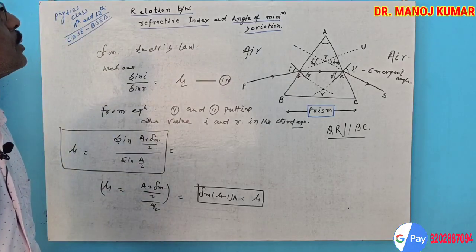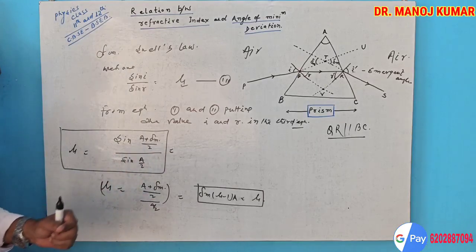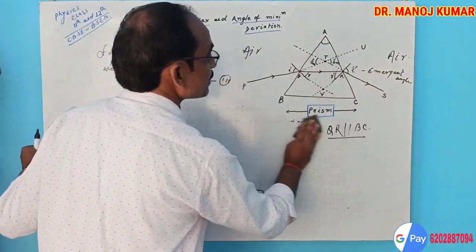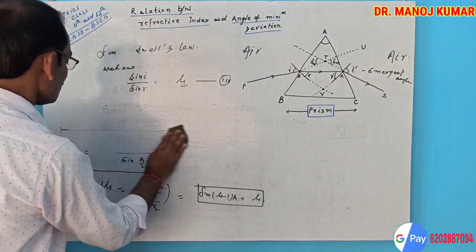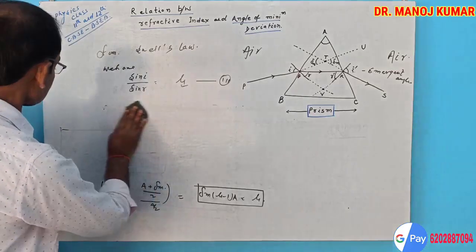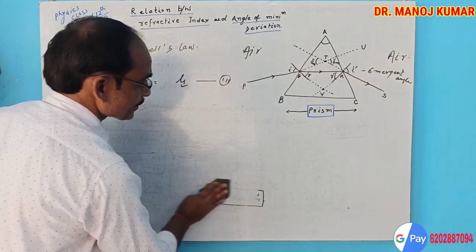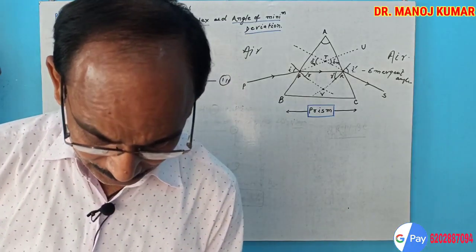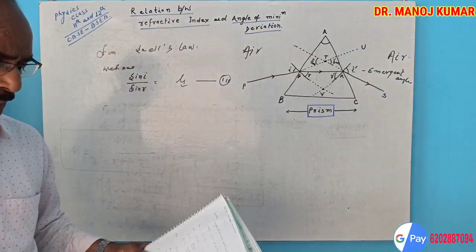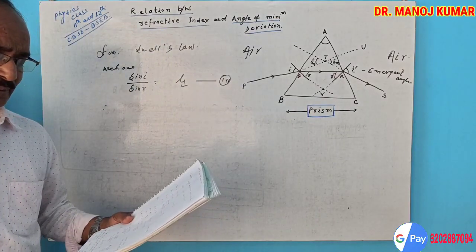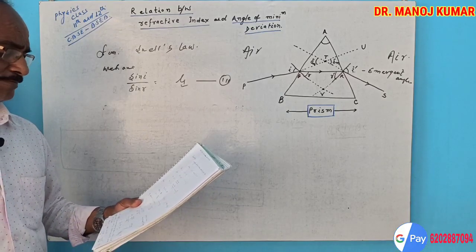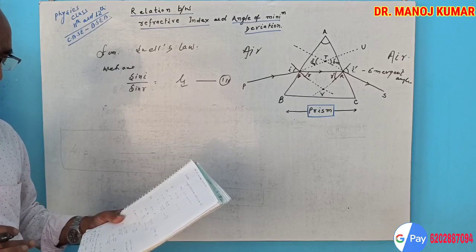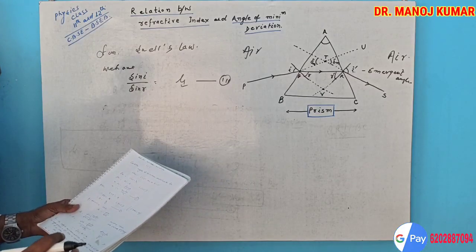Now, some examples are given here. On this basis of their final resultant, that is the angle of minimum deviation from a prism is 37 degree. Angle of minimum deviation of a prism is 37 degree.